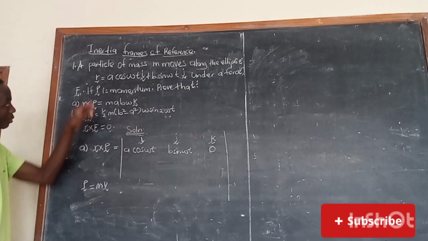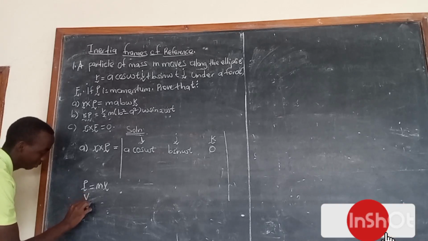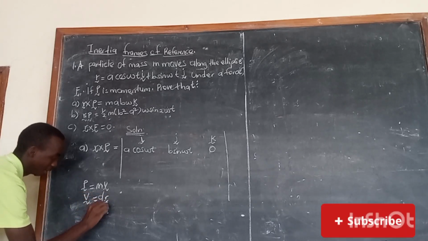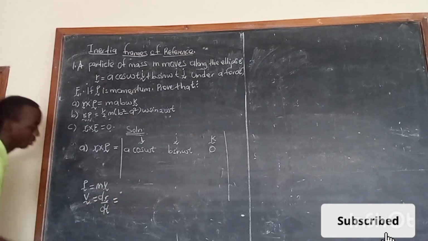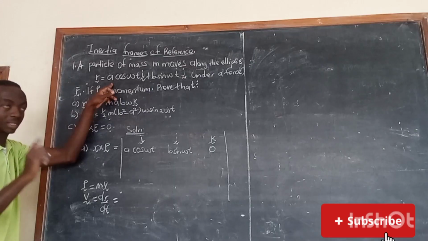So we are going to differentiate the position to get velocity. Velocity is equal to dr/dt, so we are differentiating this position to get velocity.